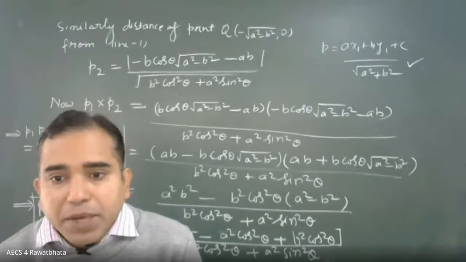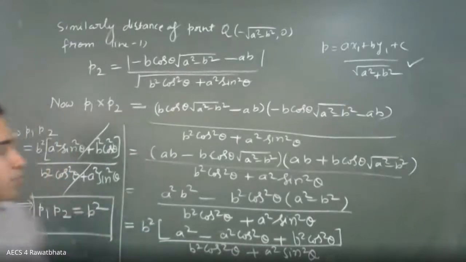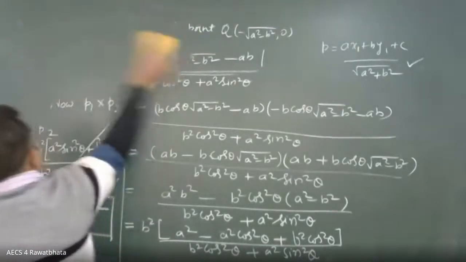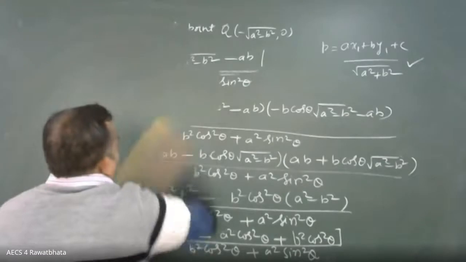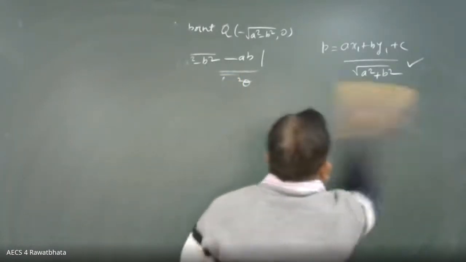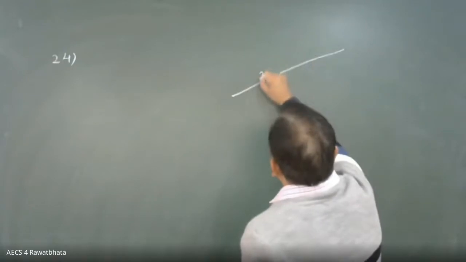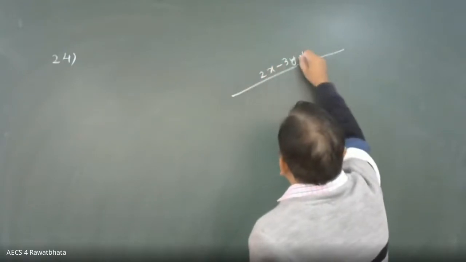Someone please read. Tanmay, Meena, will you read the 24th question? Tanmay? Yes, Tanmay, please. One minute, Tanmay, can you repeat the equation? 2x minus 3y plus 4 equal to 0.